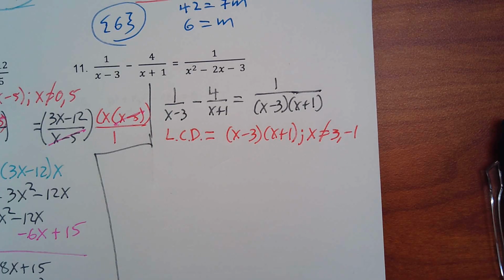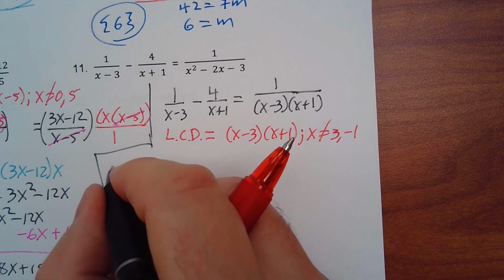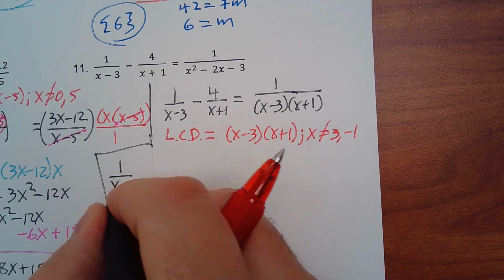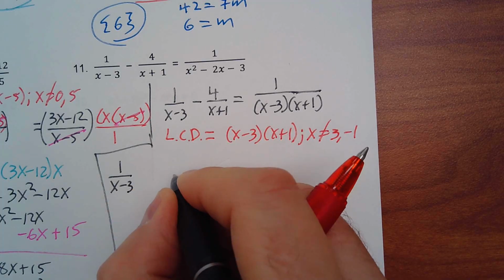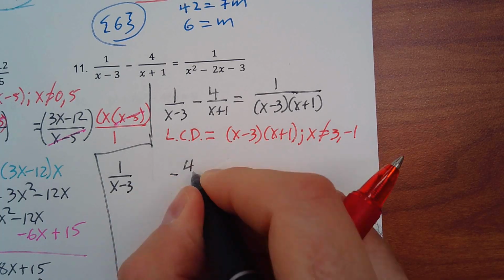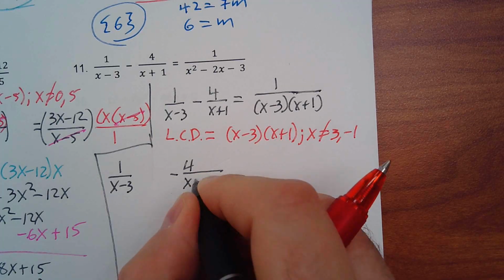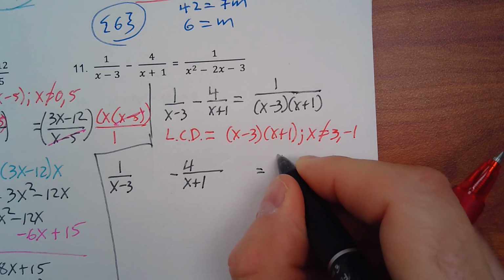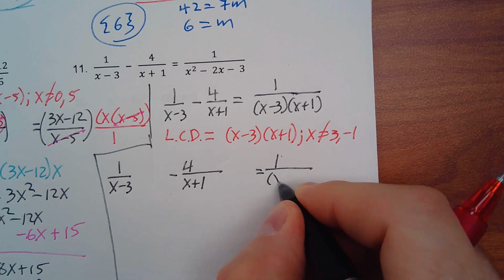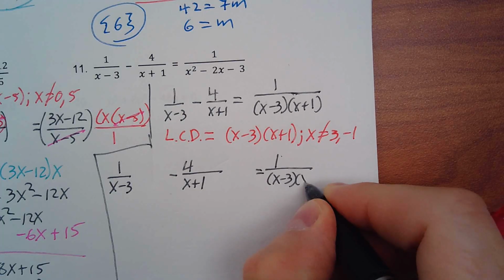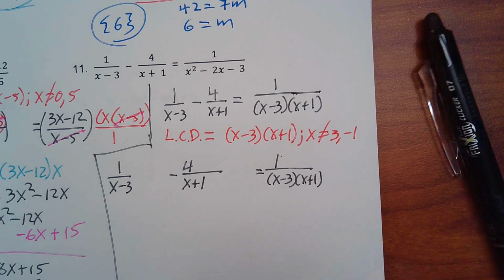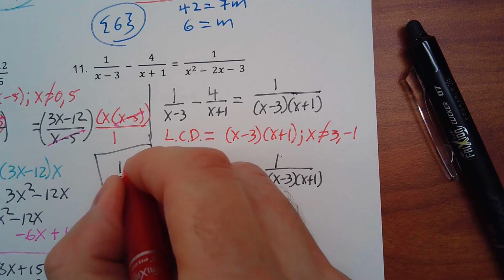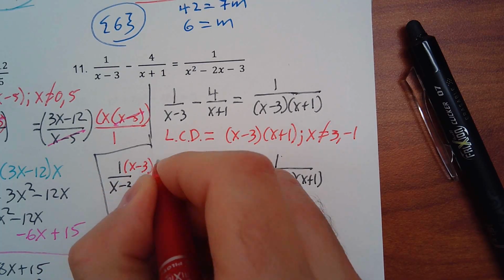So now I'm going to multiply every fraction on both sides by the LCD. And try to save room here. I'm going to put it up in the numerator.